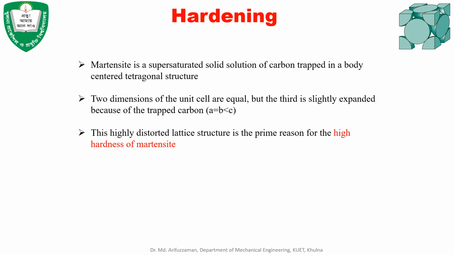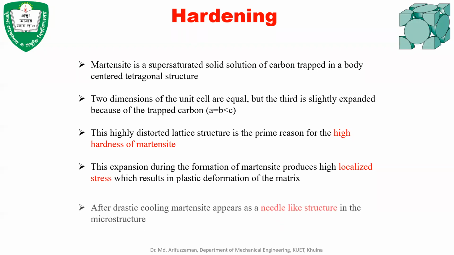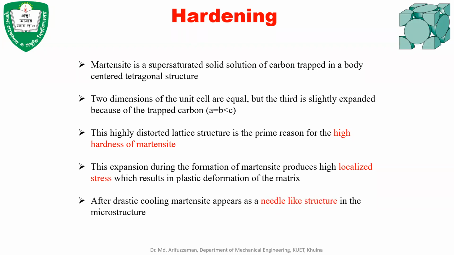Because of that, a huge amount of localized stress is developed, and because of that stress it shows very high hardness. Because of that localized stress, the surrounding matrix, the ferrite, that means the iron matrix, is plastically deformed and becomes very hard, and that is why the hardness is also higher.